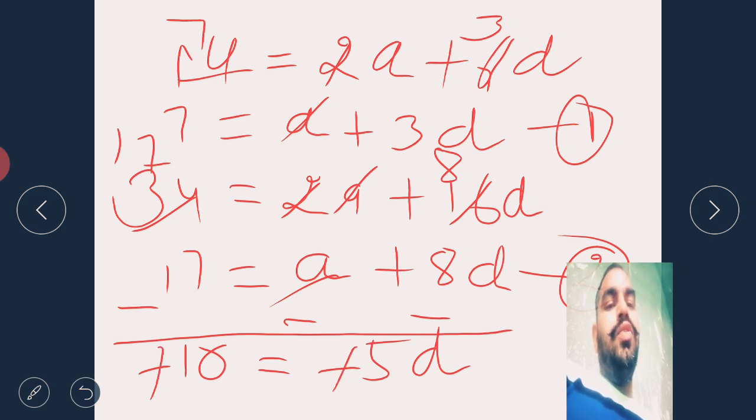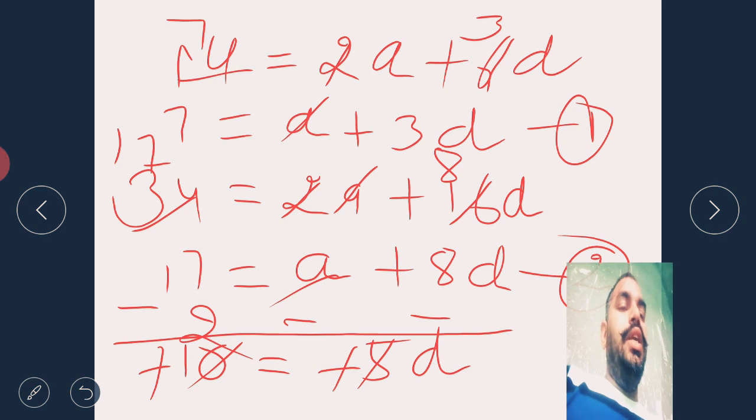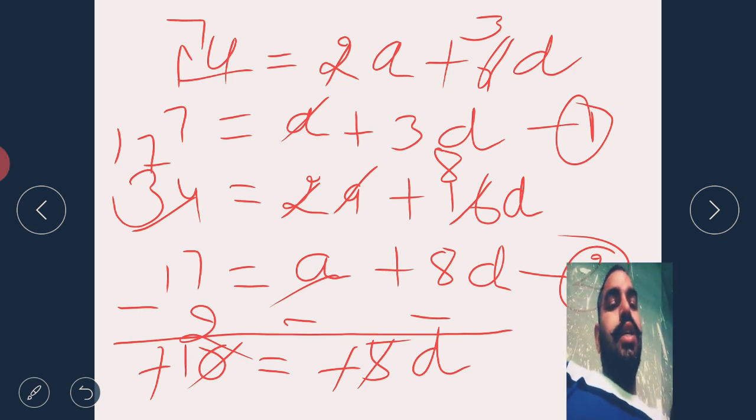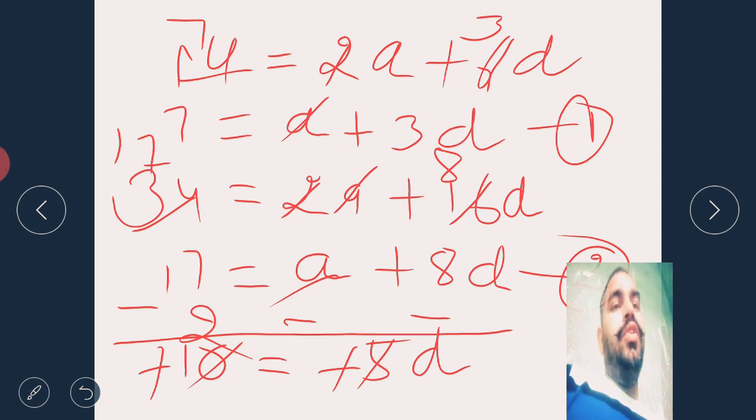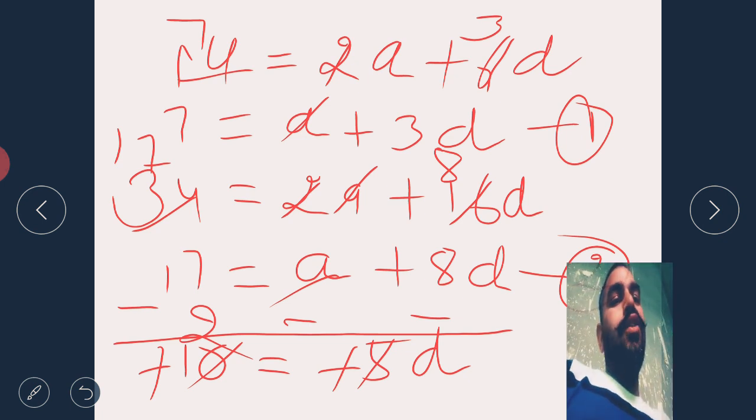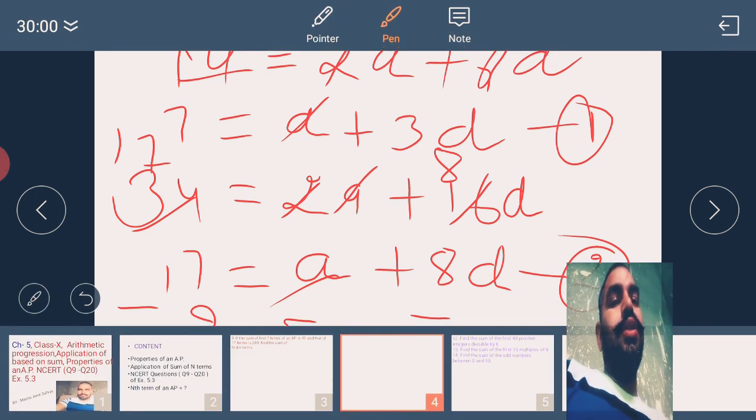Minus cancels out with minus, 5 cancels out with 10, then d is equal to 2. If d is there, then I think you can find sum of n terms.